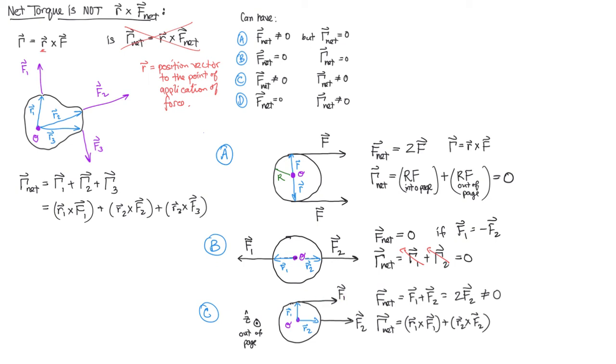For force 1, we have R1 cross F1, that points into the page, so that's a negative torque, or torque in the negative z direction. So that would be minus capital R times magnitude F1 in the z hat direction. And how about R2 cross F2? Well, R2 and F2 are parallel, so that cross product is 0. So here we have a non-zero net torque, as expected.